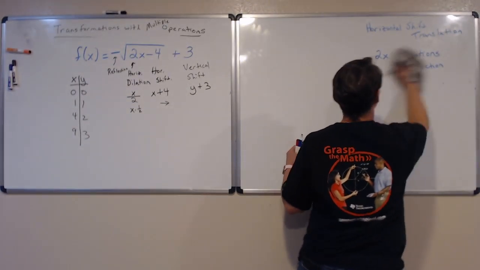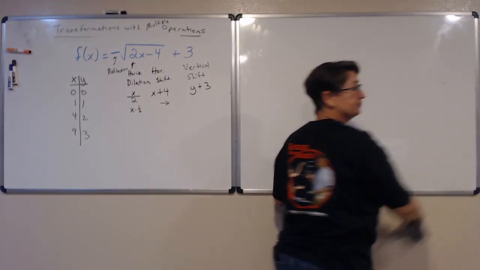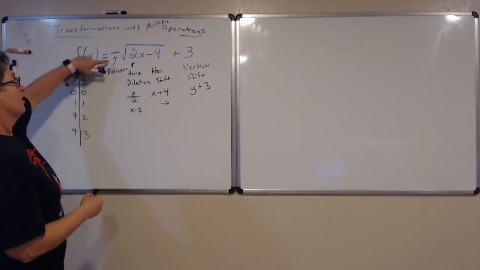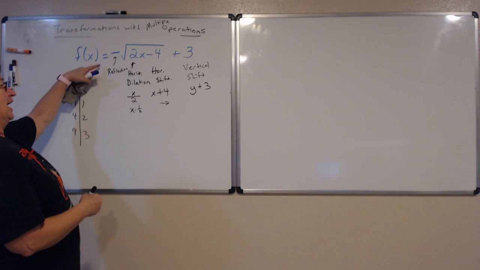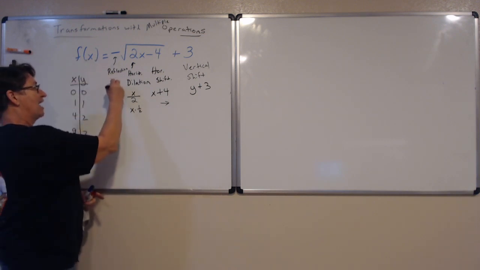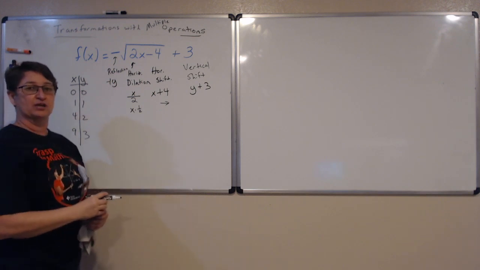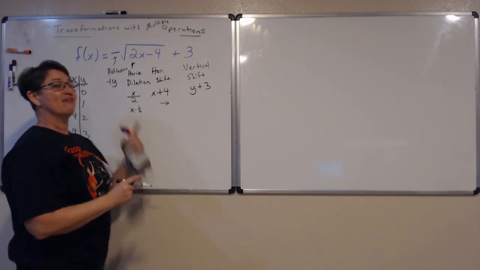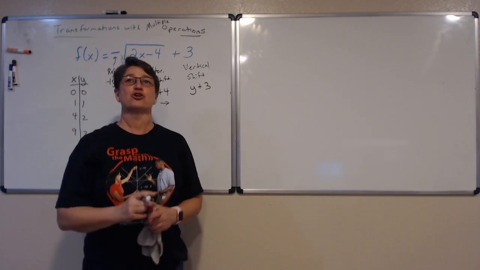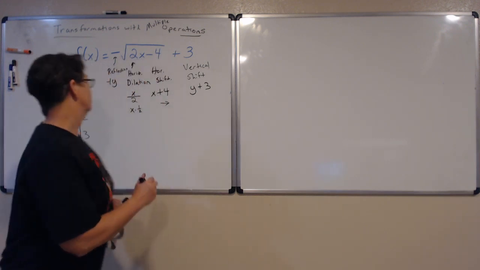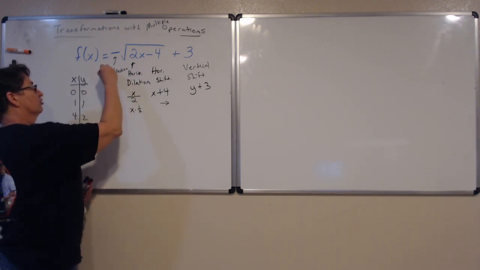Which one is it affecting? Yeah, it's on the outside, so it's affecting my y values. I'm just going to take all my y values and multiply by -1. So y values are vertical, so this is going to be a vertical reflection.